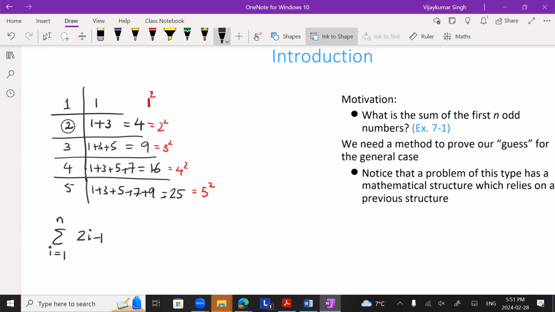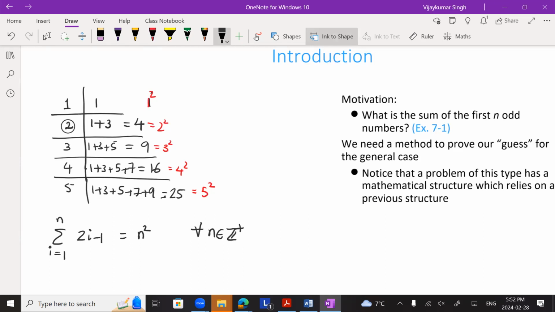So this is the sum of the first n odd integers, and we have figured out the formula is n squared, for all n in, of course, Z plus, because we are talking about adding positive integers.